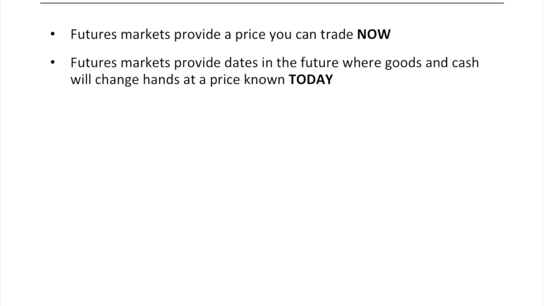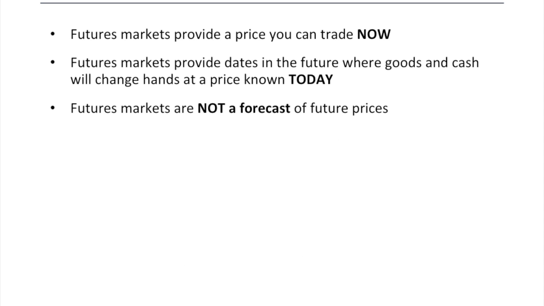Futures markets provide exact dates in the future where goods and cash will change hands at a price known today. But futures markets are not a forecast of futures prices, and they don't predict where futures prices might be or where cash markets might be.